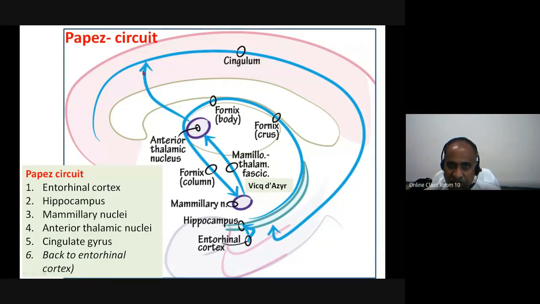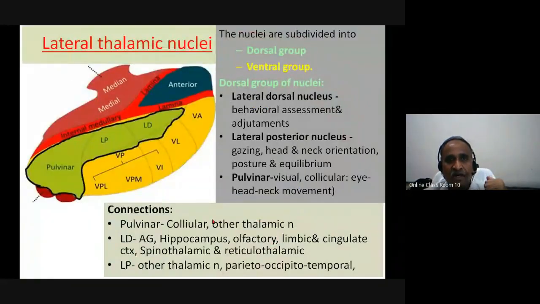From the cingulate cortex it comes back to the entorhinal cortex and the hippocampus. So this circuit operates several times repetitively for the consolidation of memory. Now, what are the functions of the lateral thalamic nuclei?